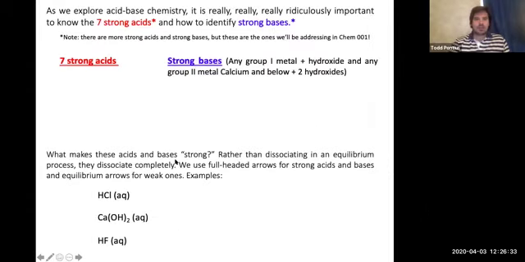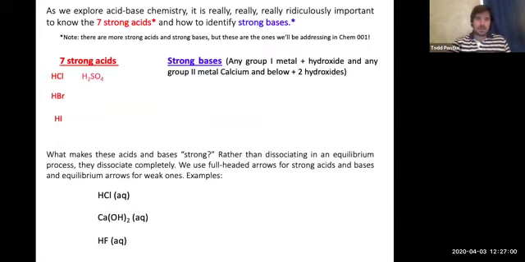So the 7 strong acids, once again, the first 3 are just a proton, a hydrogen, and a halogen. So we have HCl, HBr, and the friendliest of them all, hydroiodic acid. And in the words of the great poet and philosopher John Bon Jovi, whoa, we're 3/7 of the way there. But there are 4 more.